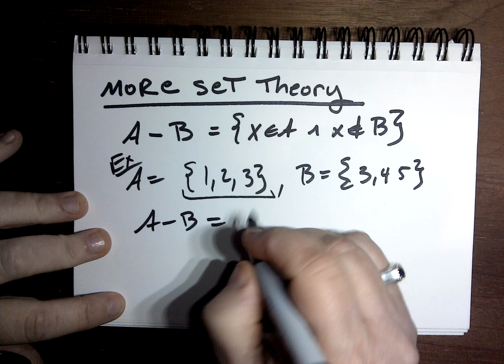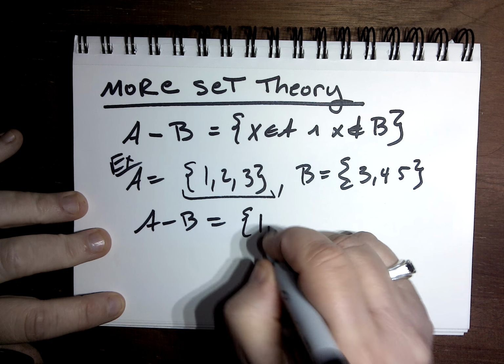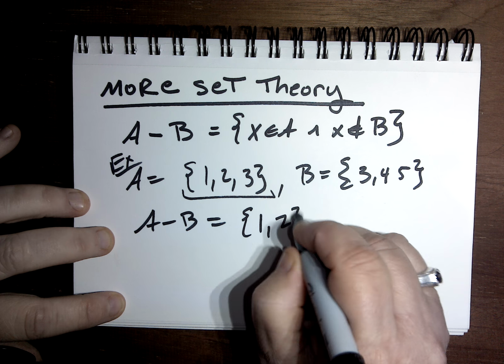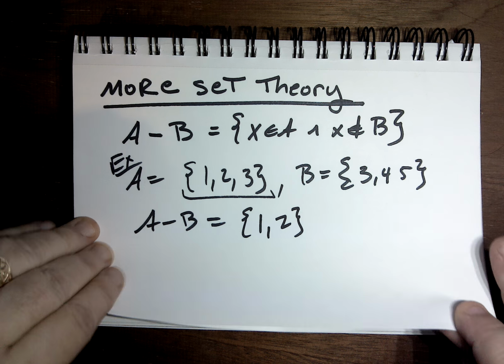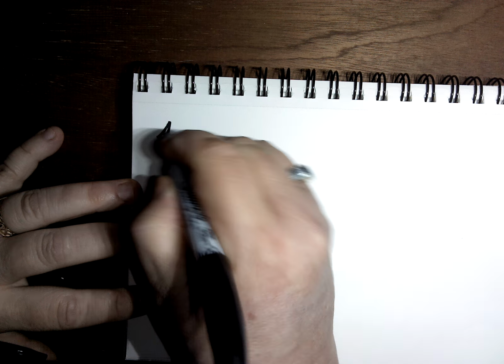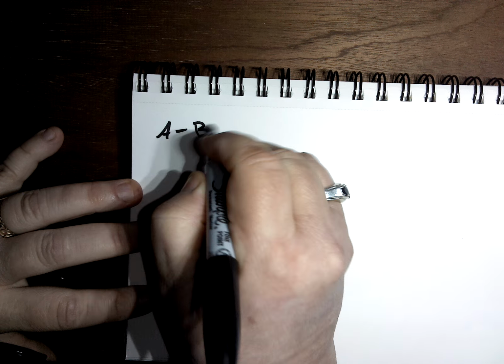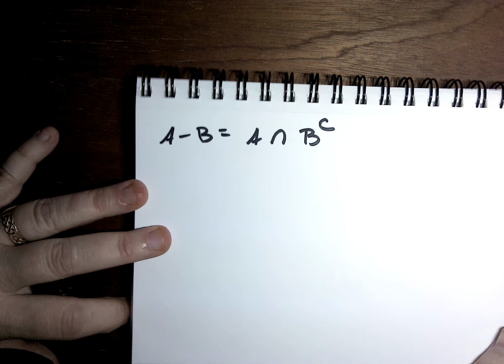So all we toss out is the 3. So A minus B is the set {1, 2}. Another way of looking at A minus B would be A intersection B complement. Just another way of thinking of it.